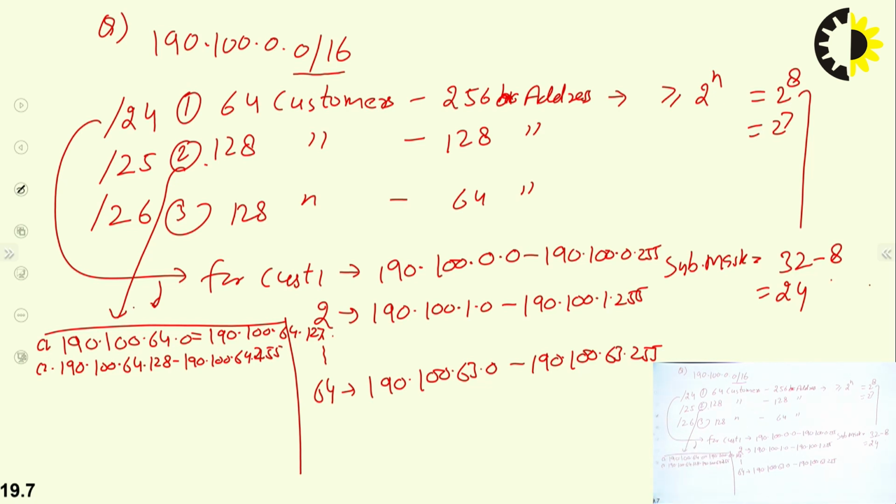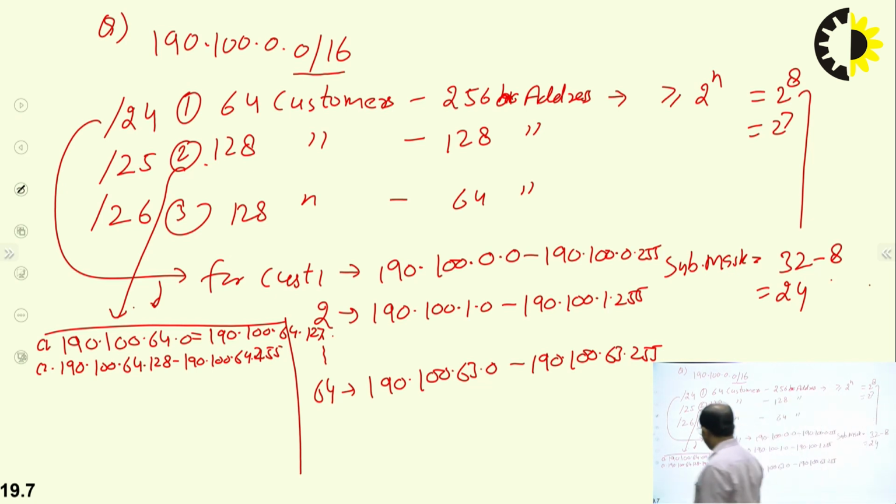So in this way, 2 customers are available and we need 128 customers. If we are not doing any calculation, just assume it on our own. In 64, we can have 256 numbers. So 2 customers are involved in this and we need 128 customers.